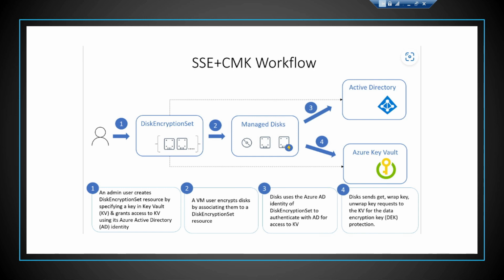When the authorization is done in a way that this identity of the disk encryption set has those permissions like get, wrap and unwrap of key, and it is successful, then the managed disk can go ahead, because it will get the token. So managed disk can go ahead and contact the Azure Key Vault and perform those operations like wrap and unwrap and get the key and everything.